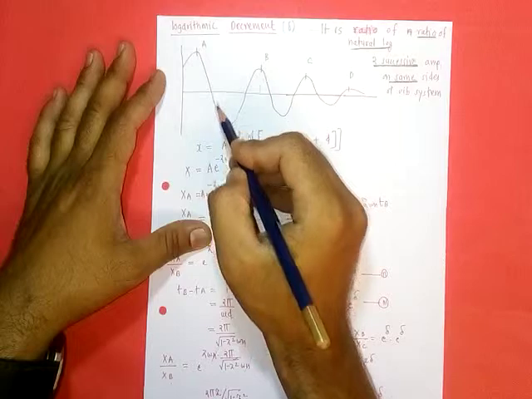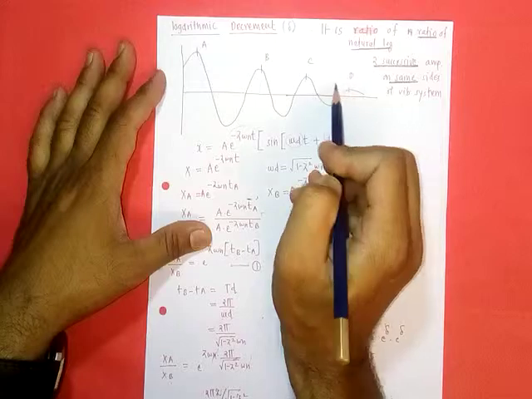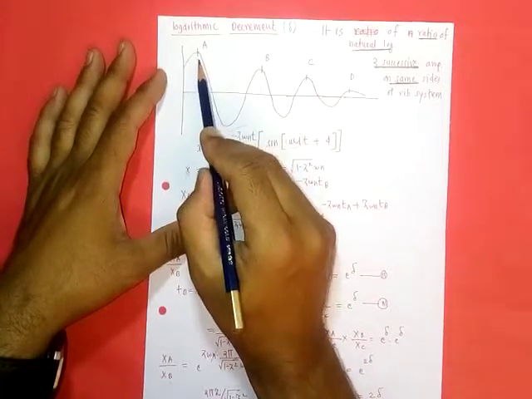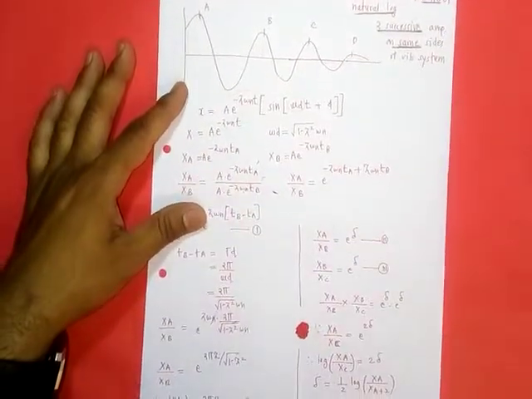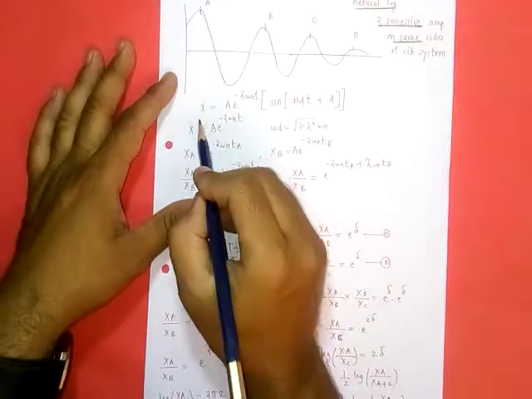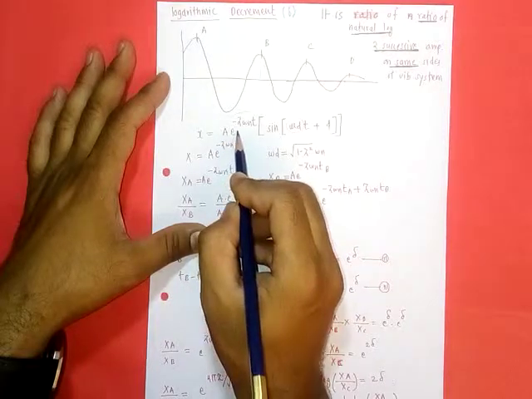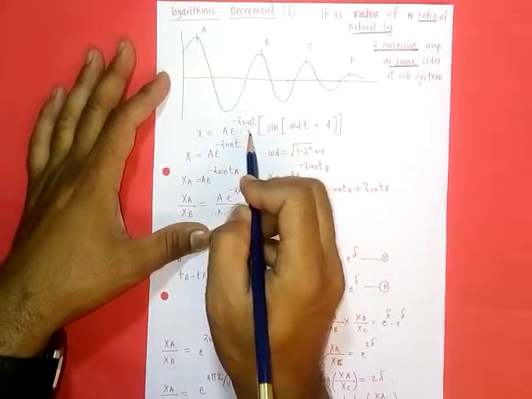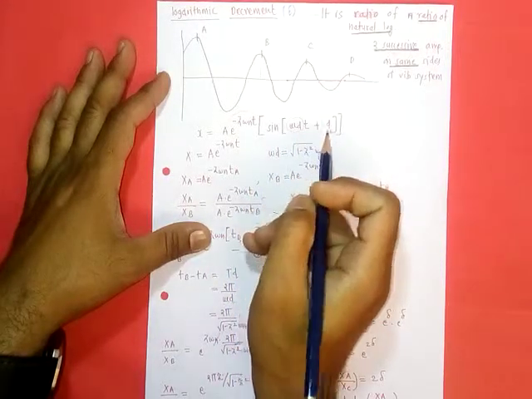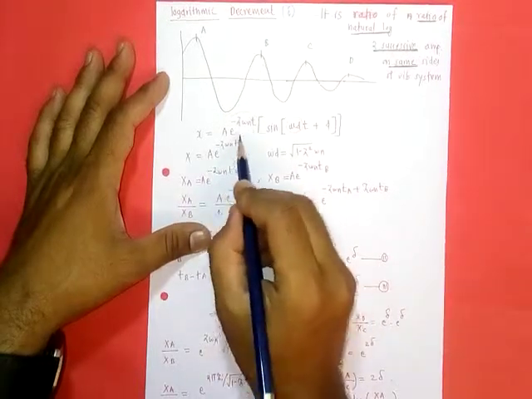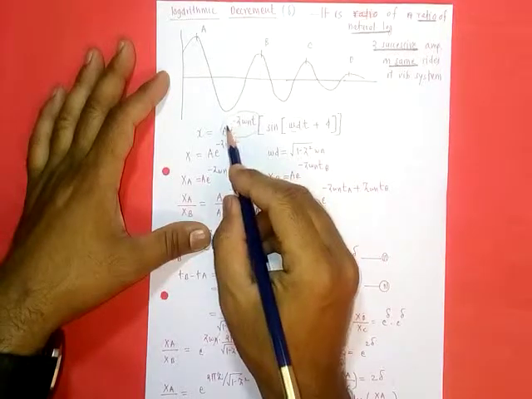Okay, we have an underdamped vibrating system, in which A, B, C, D are the amplitudes corresponding to their cycles. In the last video we derived the equation for the underdamped vibrating system as x is equal to a into e raised to minus zeta omega n t into the bracket sine of omega d t plus phi, where this term is representing the amplitude of the damped system at any instant.